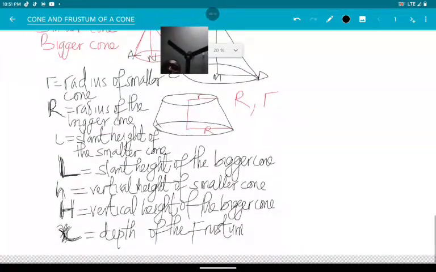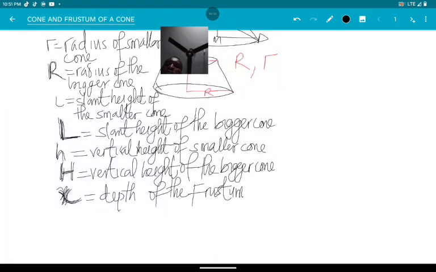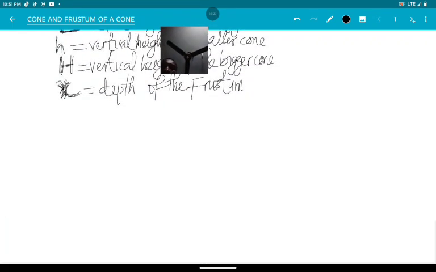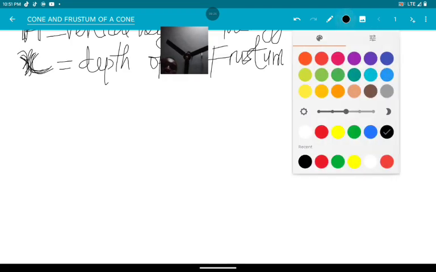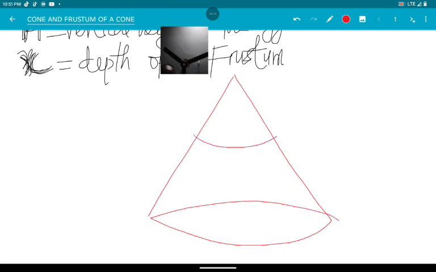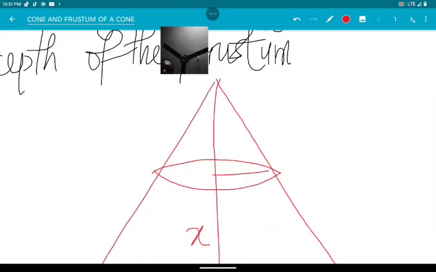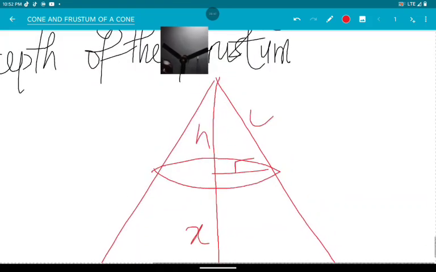So we should note that we have small r, big R, small l, big L. Now let me quickly show you something very beautiful. Here is a cone, and here is a smaller cone. Pay attention. We have said here is going to be x, and here should be small r, here should be small h, and here should be small l.